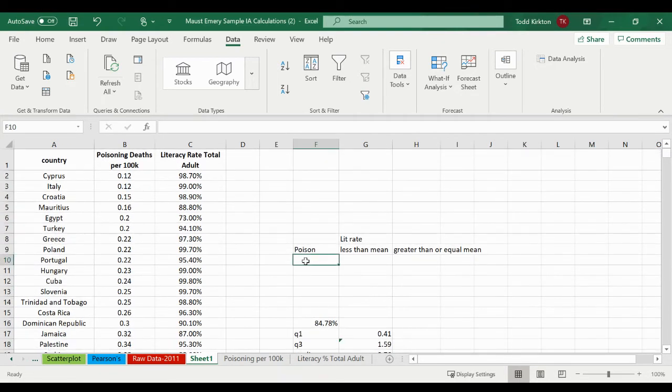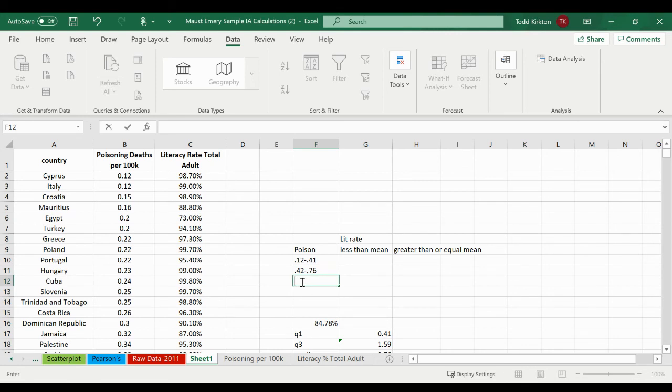So a way to do this, notice I'm putting a single quote in there so it doesn't turn into a weird number. I could do my lower quartile value, and then I could do from 0.42 to the median, which is the next section, 0.76.